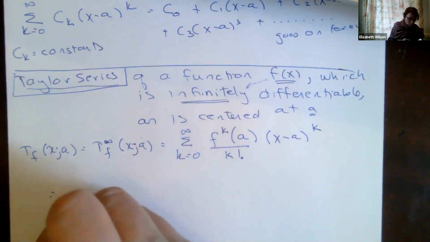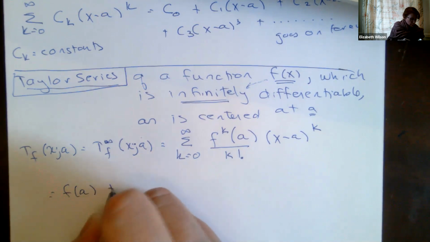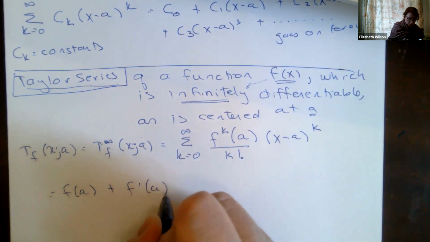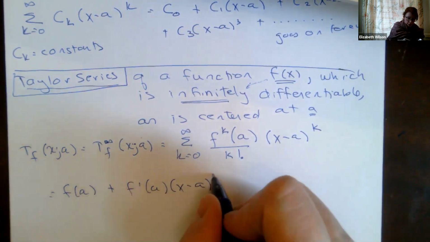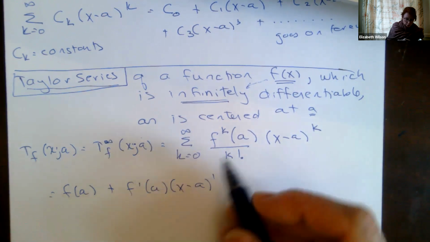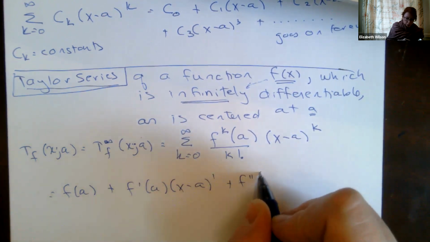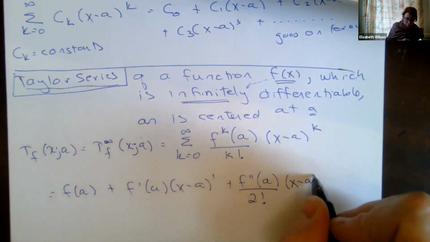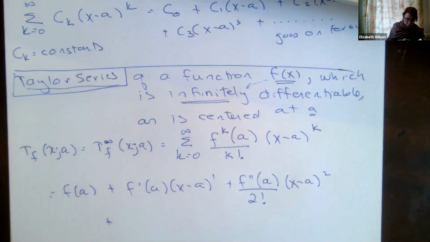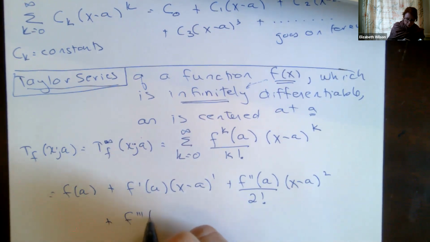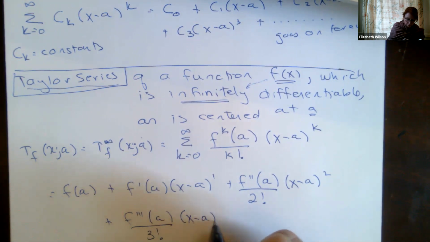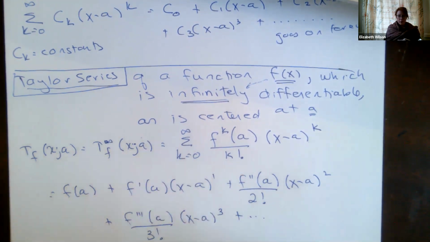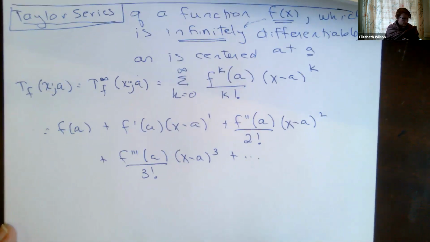Okay, so this thing looks like what we did before, f of a plus f prime of a, x minus a, and I'll write it to the 1, just so you can see, plus f double prime divided by 2 factorial, and so on and so forth. It doesn't have an ending, right? It just keeps on going.